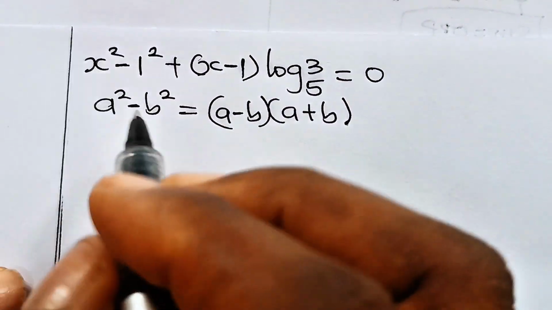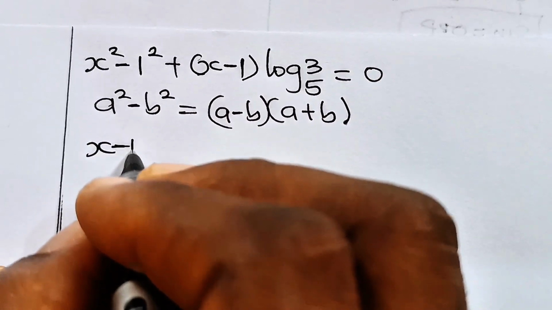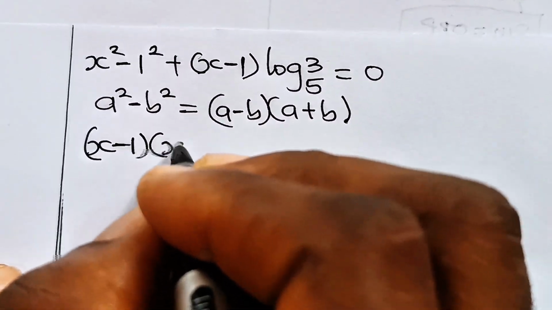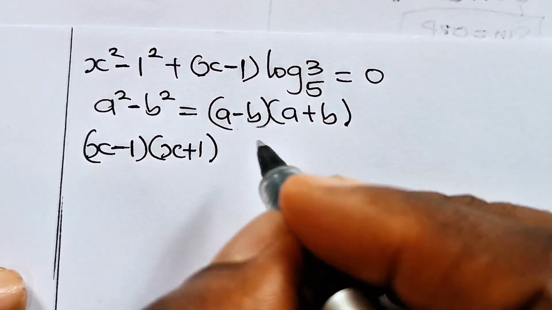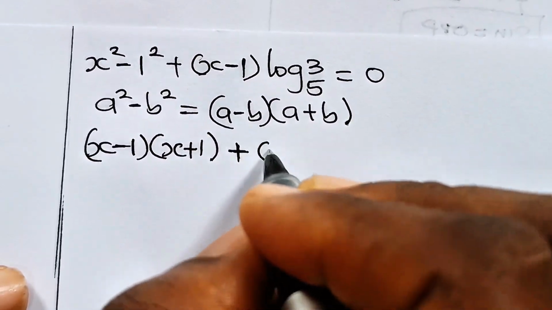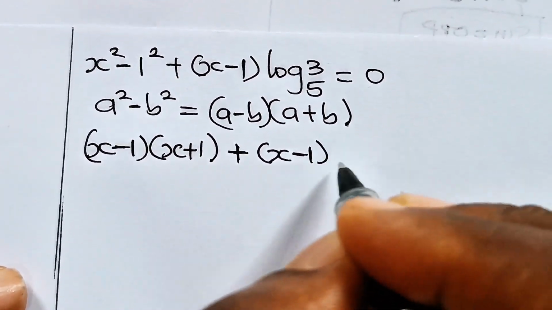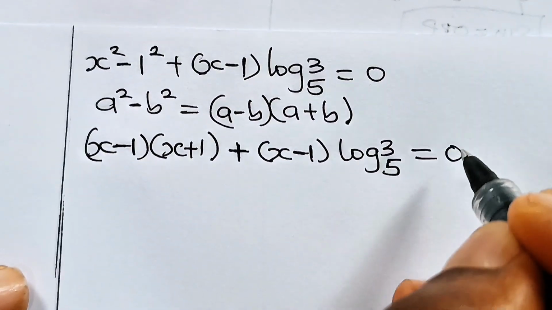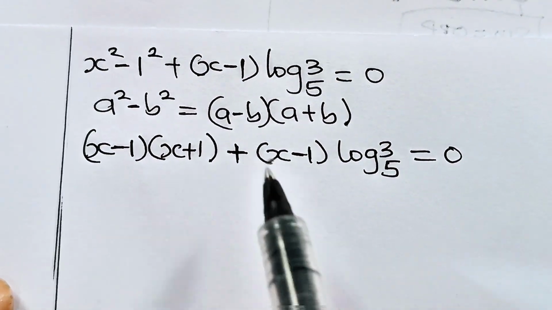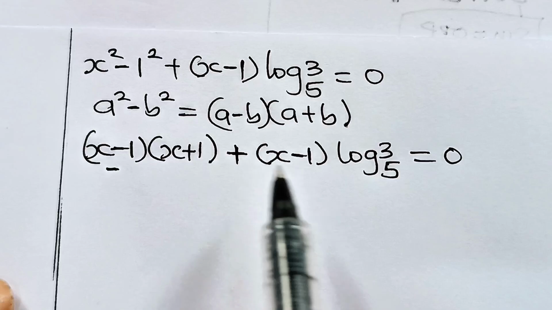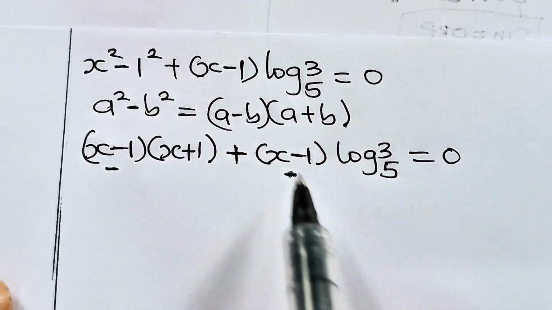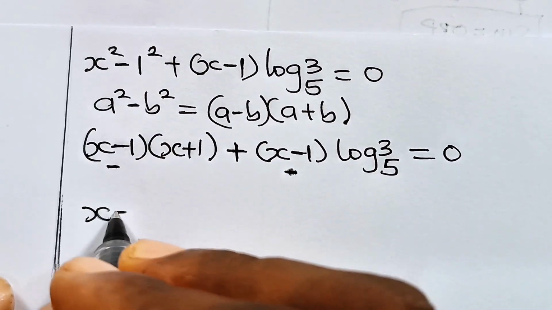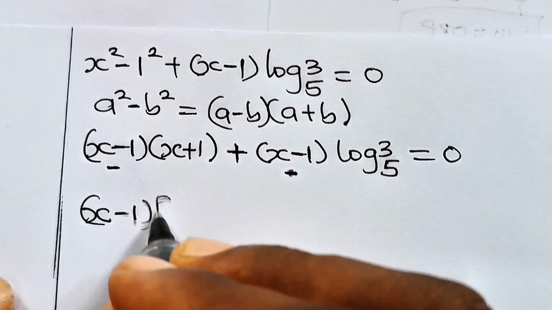So we can write this as x minus 1 multiplied by x plus 1, alright? Then plus x minus 1 log 3 base 5 is equal to 0. So you can see that we have x minus 1 here and x minus 1 here. So let's factorize x minus 1.